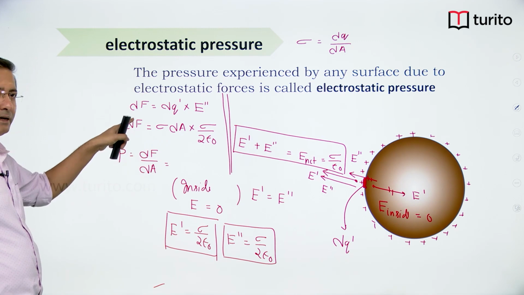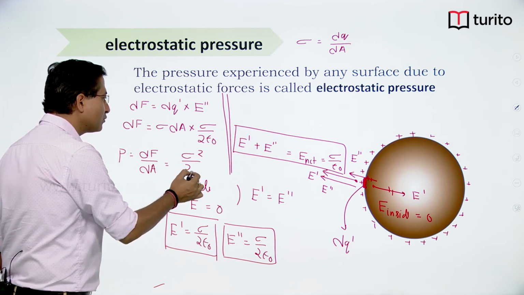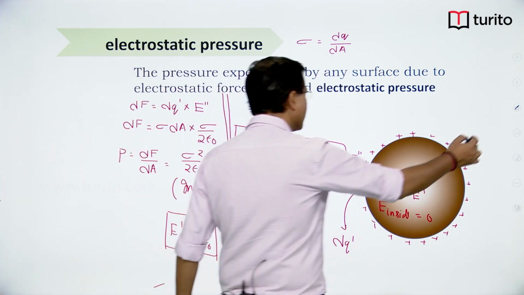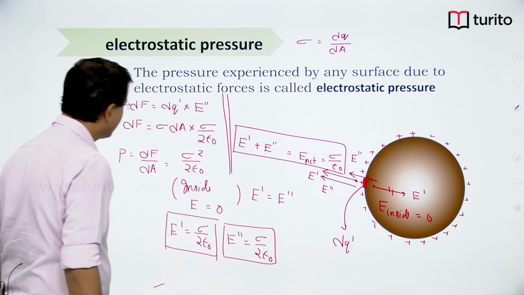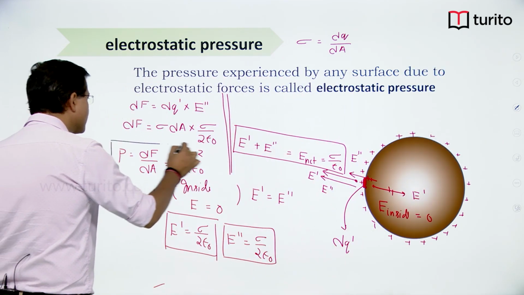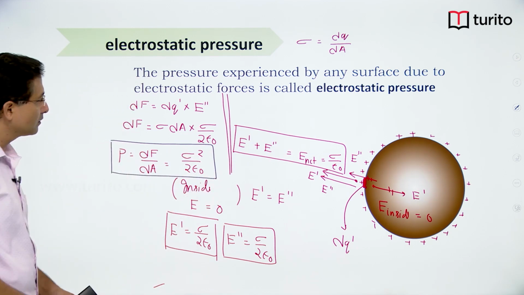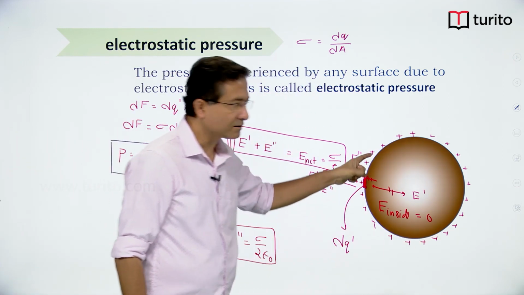So divide by A, you can see what we are getting: sigma square divided by 2 epsilon naught. So this is the electrostatic pressure at every point on the surface.